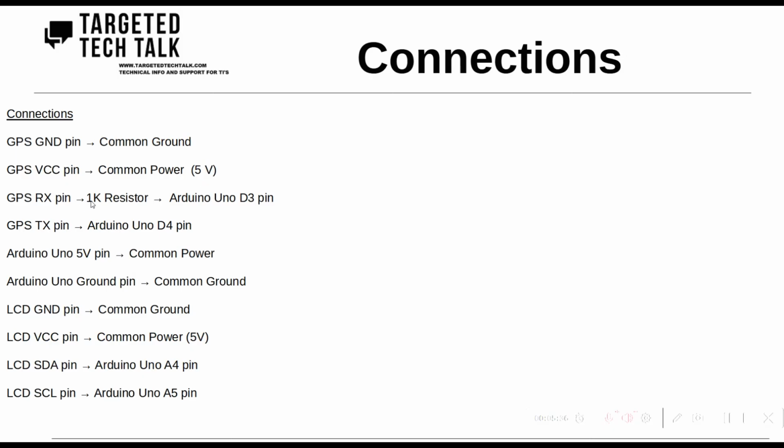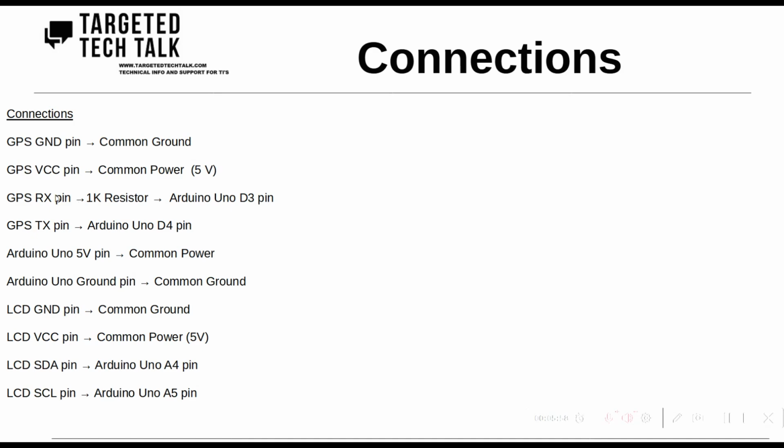This is really the only gotcha with the setup. This particular model of GPS is marketed or labeled as 5 volts, and it needs 5 volts or tolerates up to 5 volts for the input, but not all of the pins can tolerate a full 5 volts.